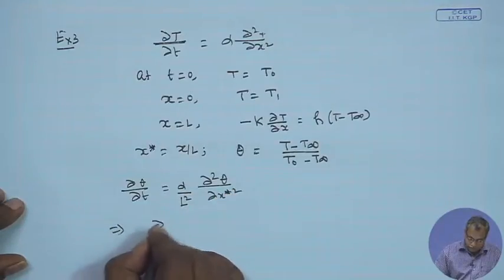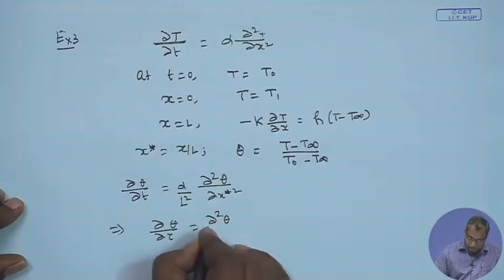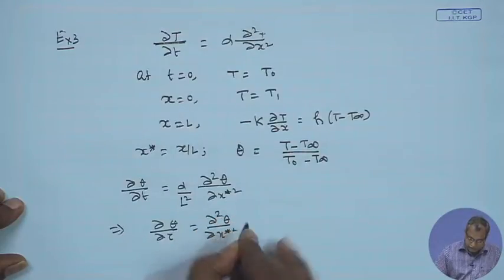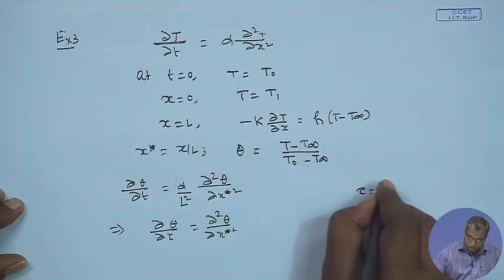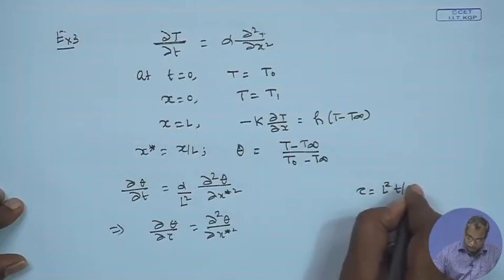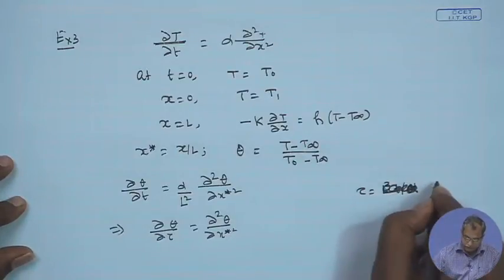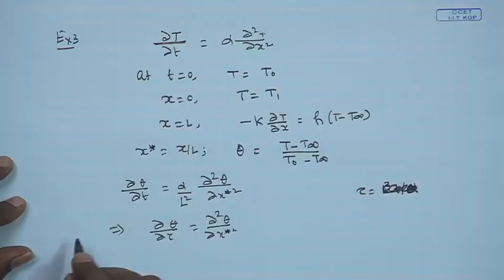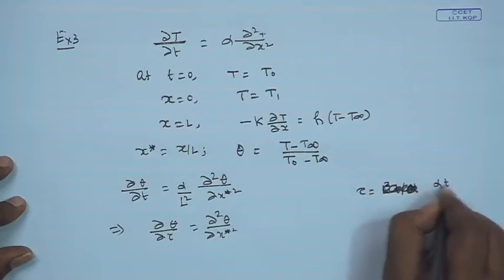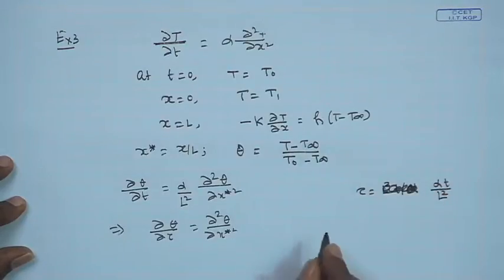This will be nothing but del theta del tau is equal to del square theta del x star square, where tau is equal to alpha t over L square, the non-dimensional time.